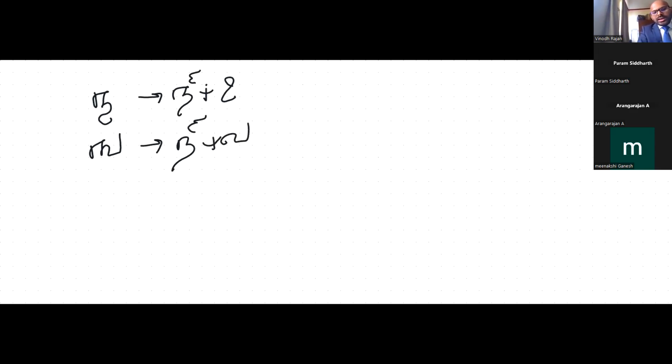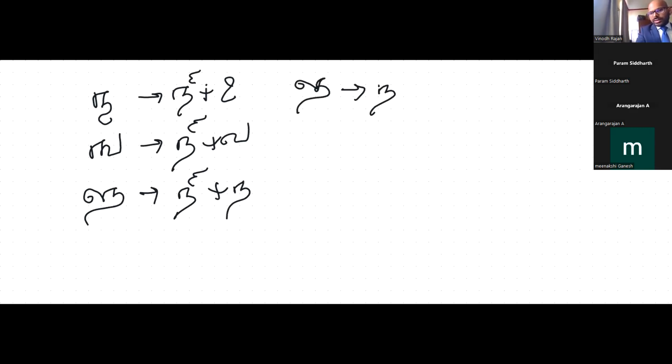You have na, which is basically and na, and you have inta, which is basically anta. So whenever you see this with the consonant, it basically stands for this. So anta is written like this.